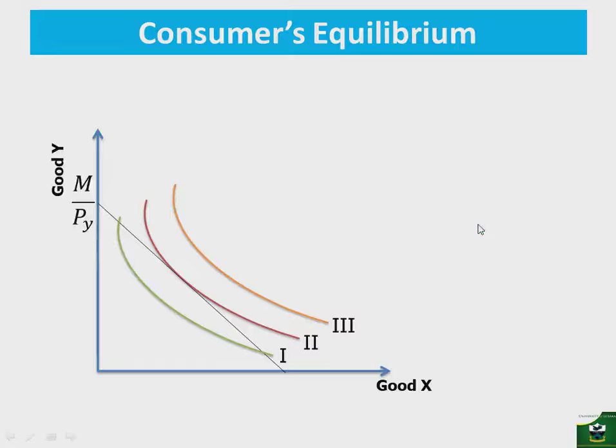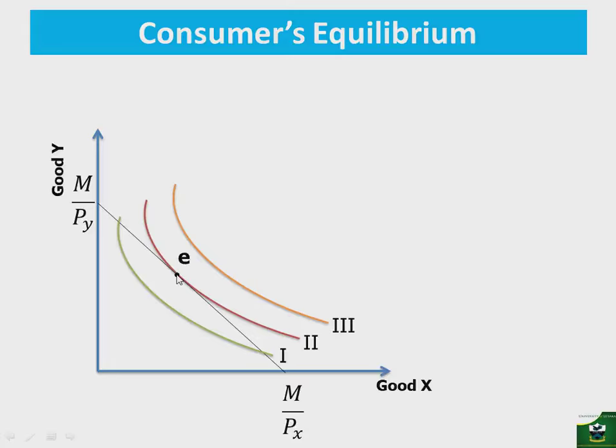And on the horizontal intercept, we have income divided by the price of x. With this put, we can define our equilibrium point, and we can call it point E, which means only at this point is the consumer maximizing utility. And at point E, the slope of indifference curve 2 is equal to the slope of the budget line.